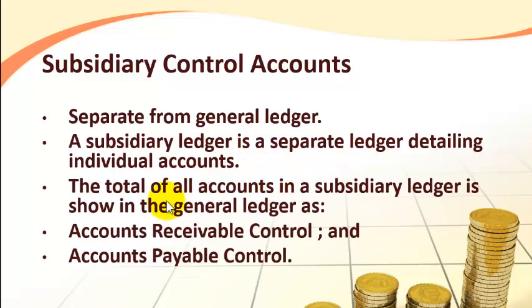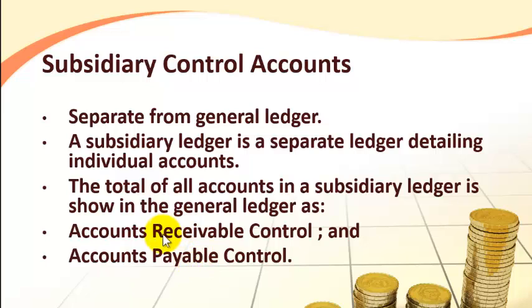Also, to note here that the total of all accounts in the subsidiary ledger accounts is shown in the general ledger as, in our case, accounts receivable control. So all our customers, all our debtors, they will be detailed individually in the subsidiary ledger, but the total is under this section. And similarly for the amounts that we owe, we have all our suppliers totaling up in our accounts payable control account.